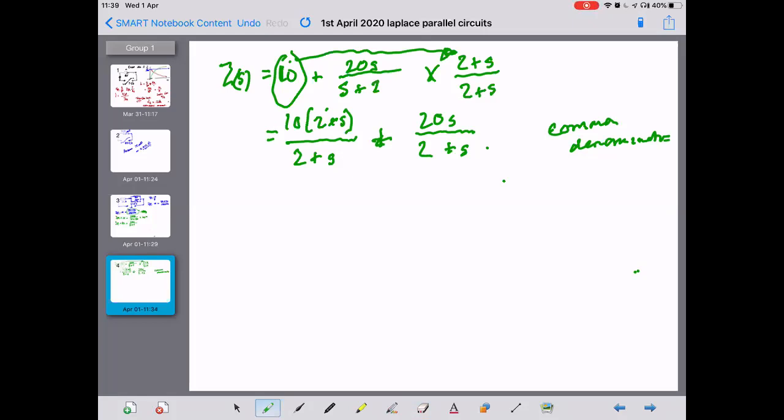Then we can multiply brackets. So that becomes 10 times 2 is 20 plus 10S, plus 20S over 2 plus S.